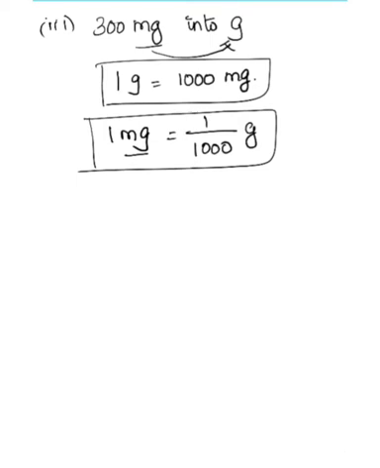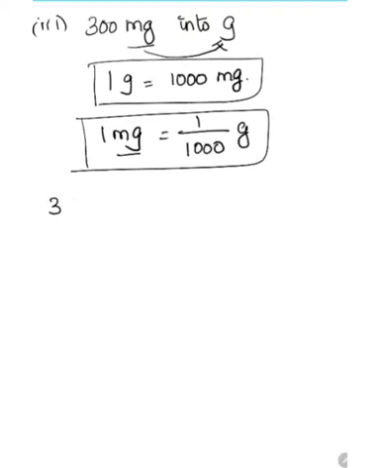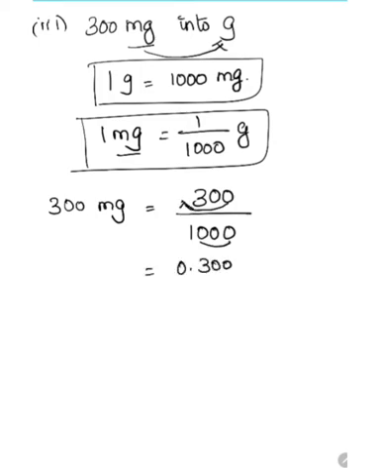So 300 milligram is equal to 300 divided by 1000. Here are 3 zeros, so put the 3 zeros before the point. So the answer is 0.300, which is nothing but 0.3 gram. So 300 milligram is equal to 0.3 gram.